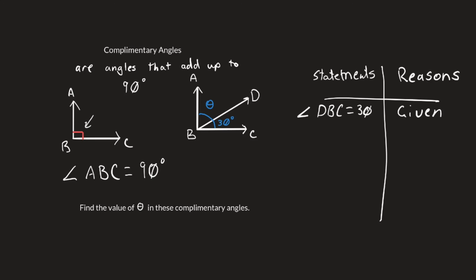Now let's have a look at the question and the angles that have been given. Do we have any more information? Well, when we look at the question down here, yeah, we do. We actually know that these two angles are complementary.